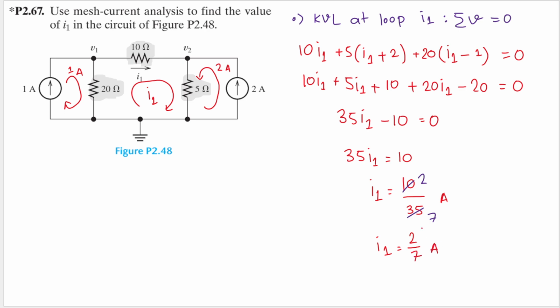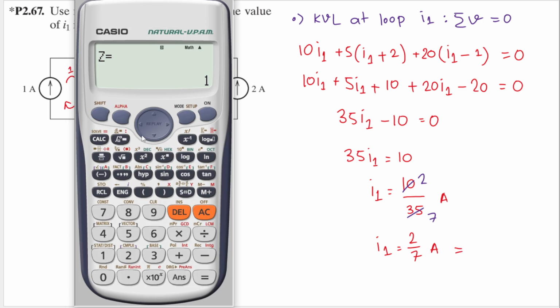We can stop here, but I want to know the decimal value. Let's set up our calculator. What is 2 divided by 7? Yes, 2 over 7. We already know that, so we need to push this SD button to convert it into decimal.